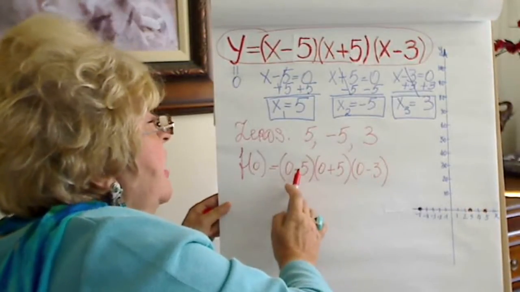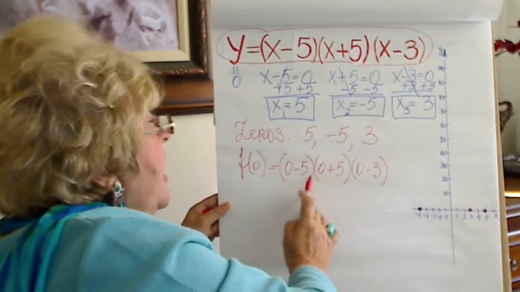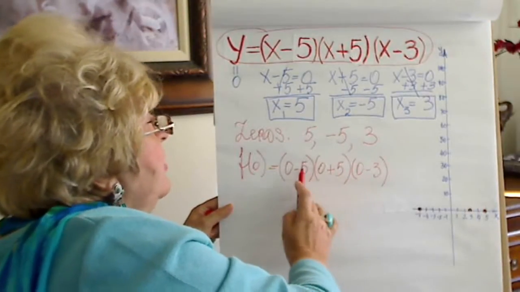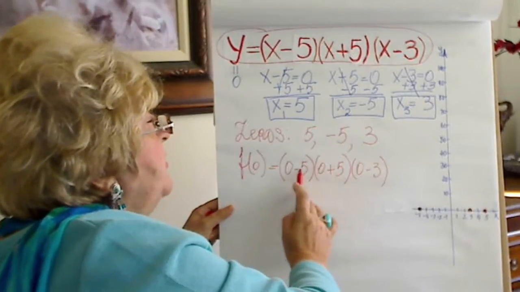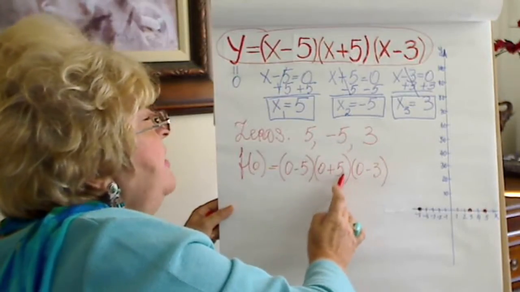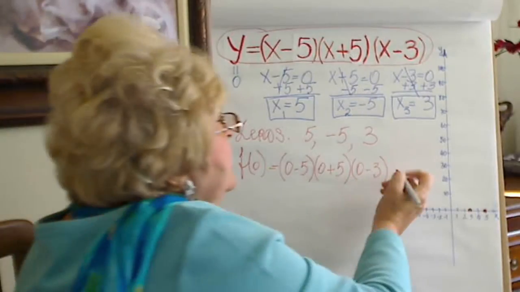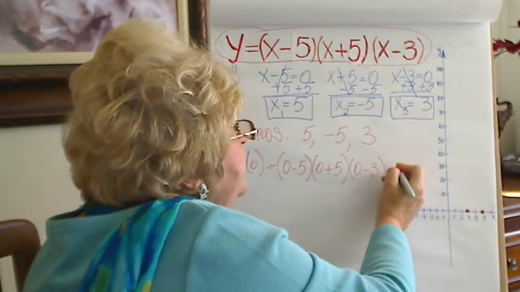So we have a positive number: 5 times negative 5 times positive 5 gives negative 25, and times negative 3, it will be positive 75.